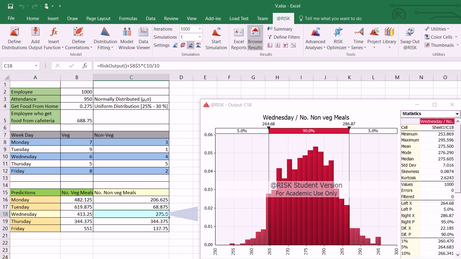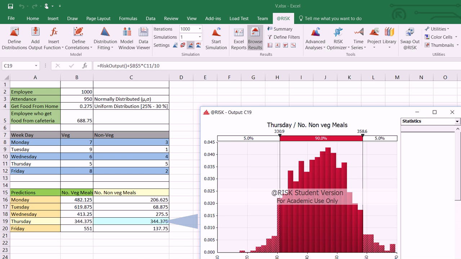Okay, perfect. Now we've got the results. Let's review each of them. Currently what we are pointed towards is Wednesday for non-veg. That's the number of meals that should be prepared. So let's say 275.5. That means 276 would be the right number.